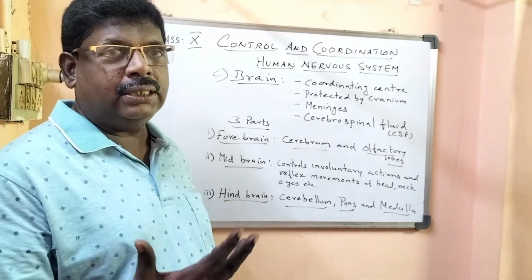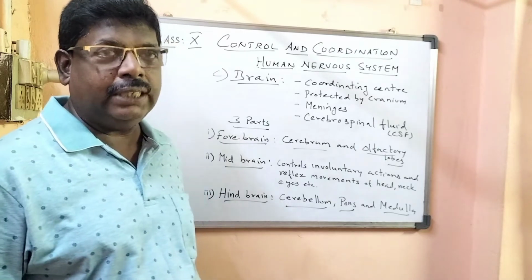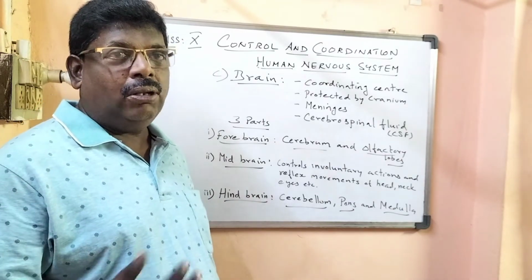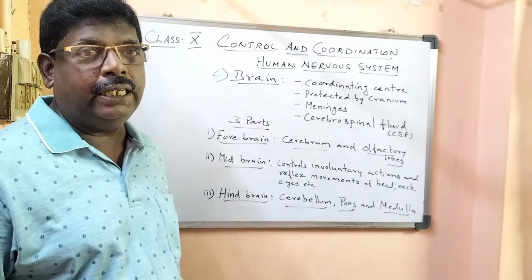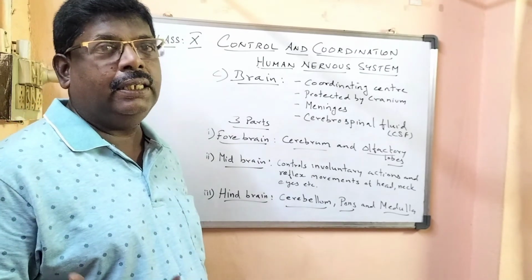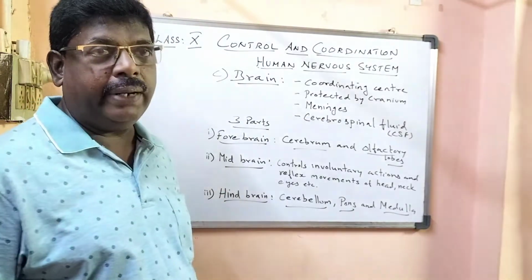Also the mental abilities like thinking, learning, memory, emotions all come under this forebrain.